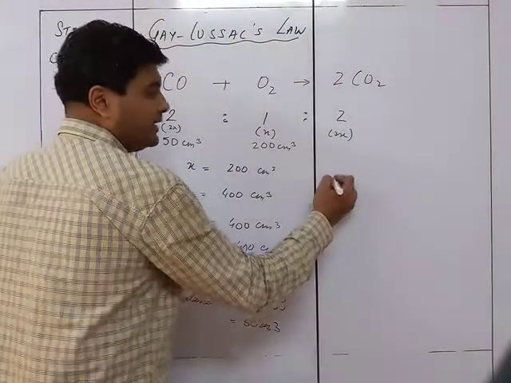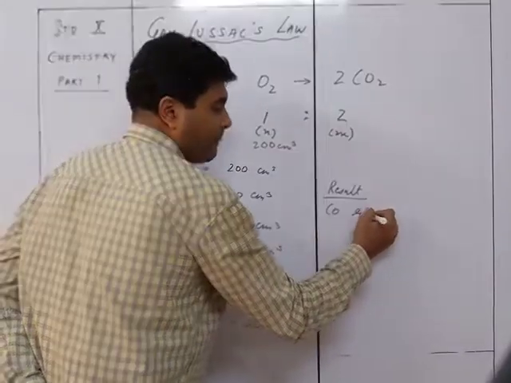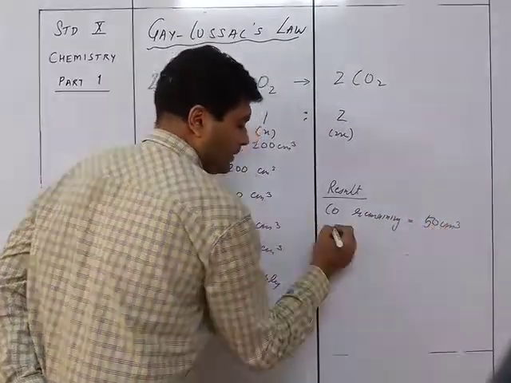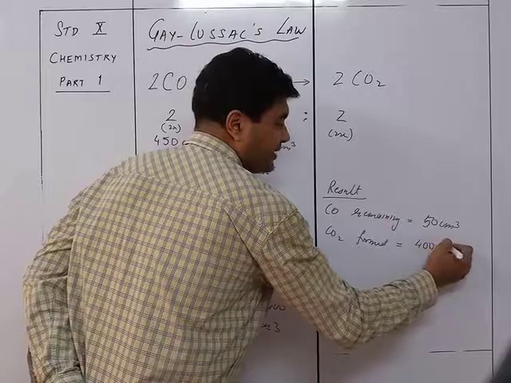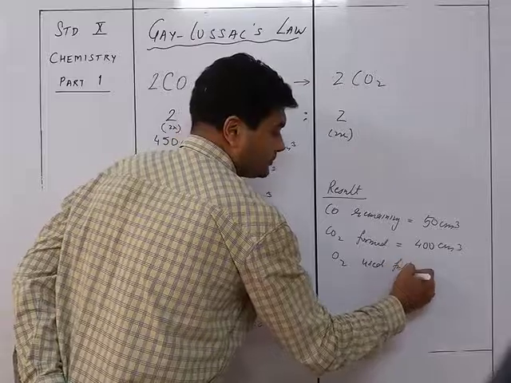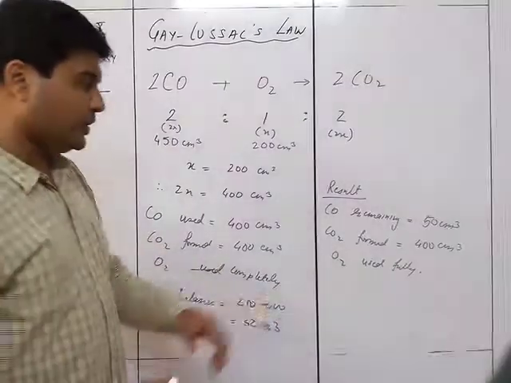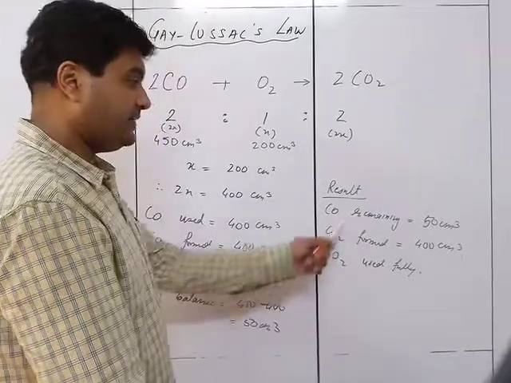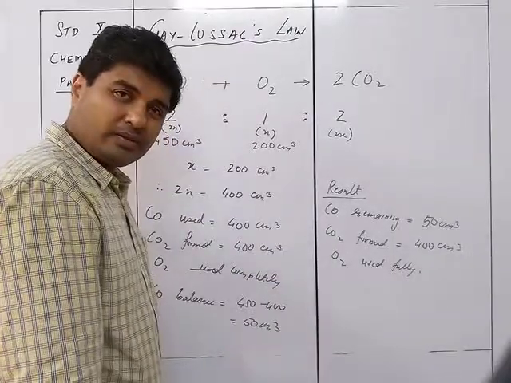So the resultant is CO remaining 50 centimeter cube, CO2 formed 400 centimeter cube, and oxygen used fully. Understood? So the resultant mixture will be 450 centimeter cube, a combination of unused CO 50 and CO2 formed 400. This is how you are going to find out.